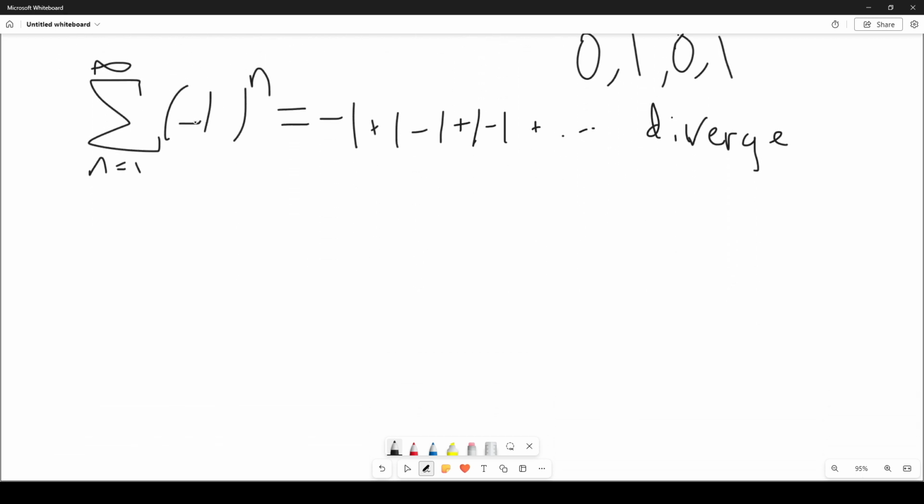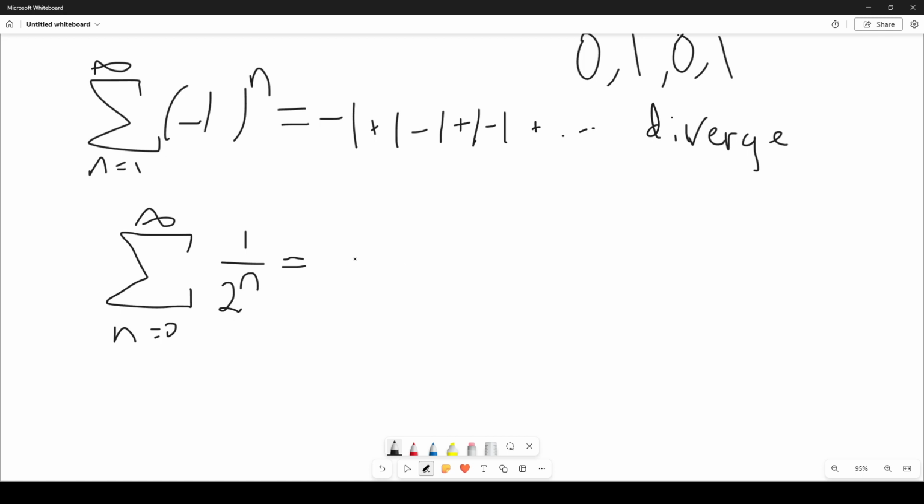And then finally, we'll give an example. The sum from n equals 0 to infinity of 1 over 2 to the n. Now, I'll give you the formula for this.